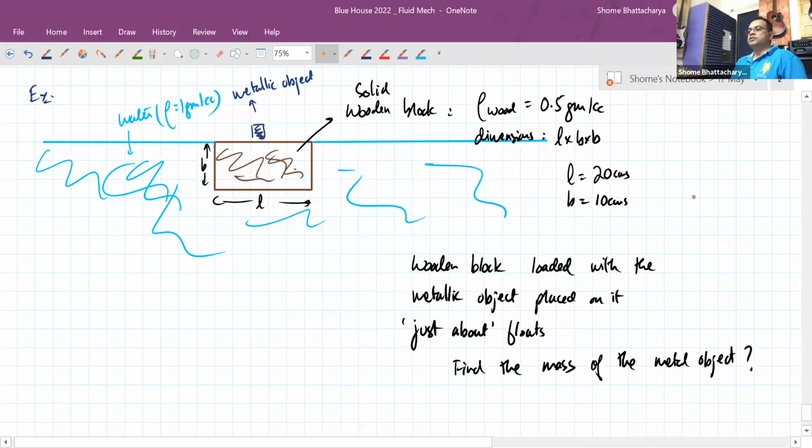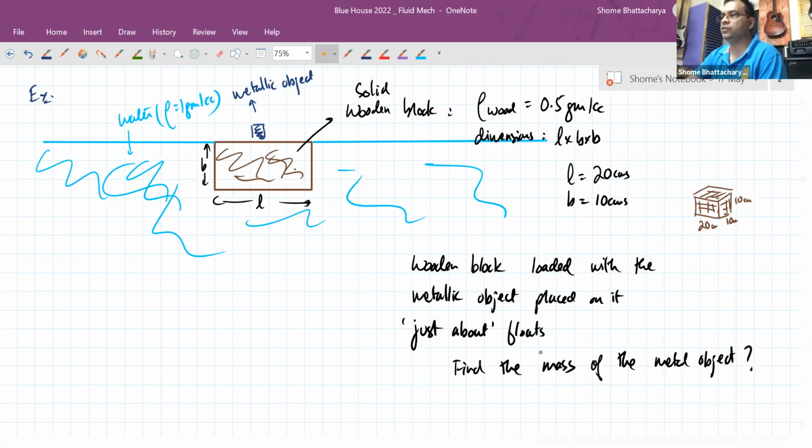So the wooden block, three-dimensionally speaking, is like a cuboid which has dimensions like this. It's a solid wooden block whose density is half the density of water.